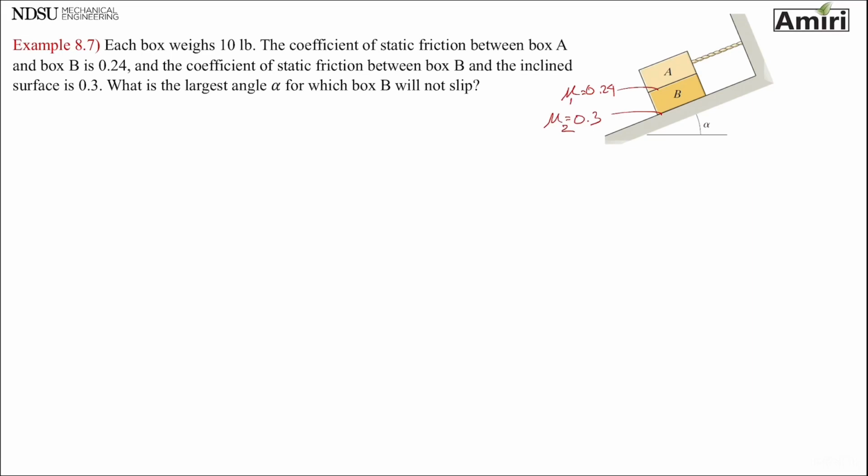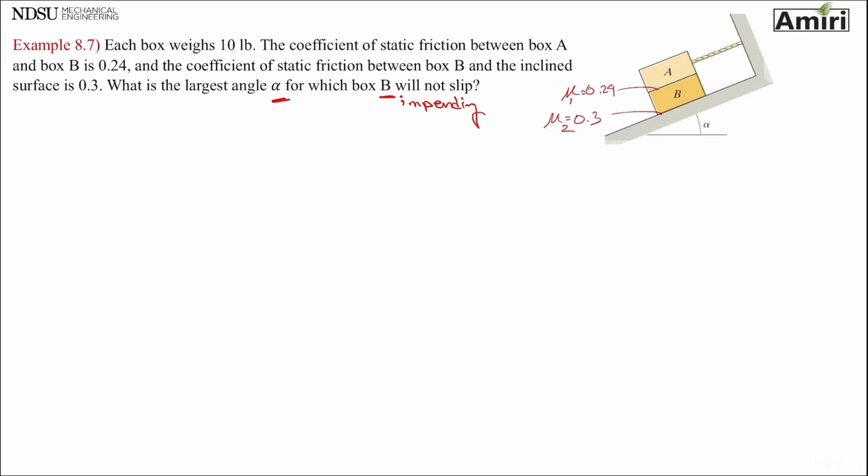Mu1, mu2, just so I remember. What is the largest angle alpha for which box B will not slip? Or in other words, what is the largest angle alpha that puts box B at impending motion? The same thing, different ways.